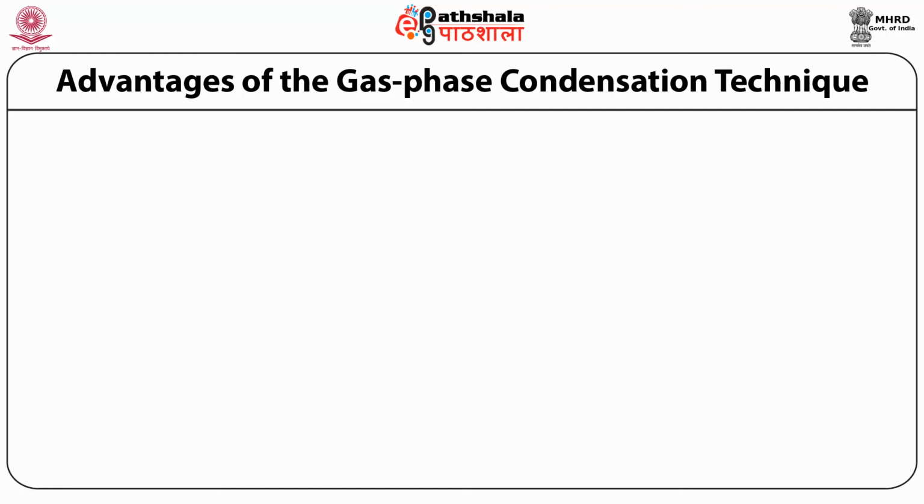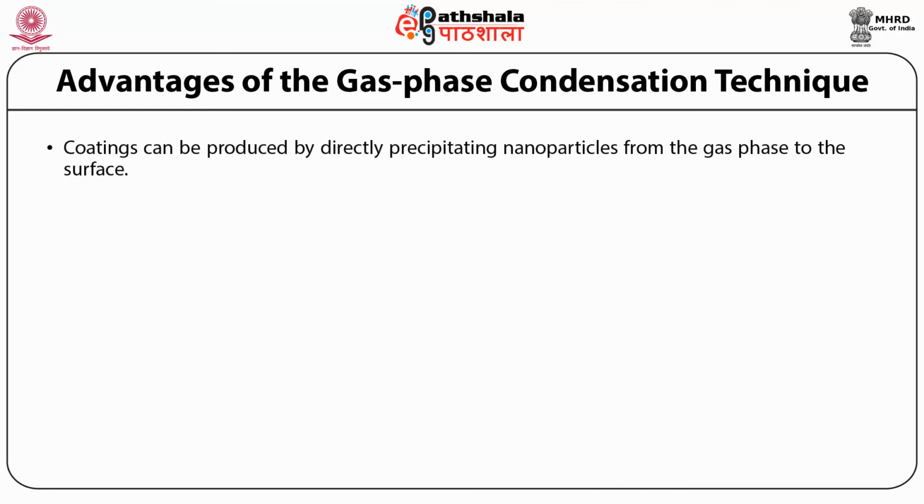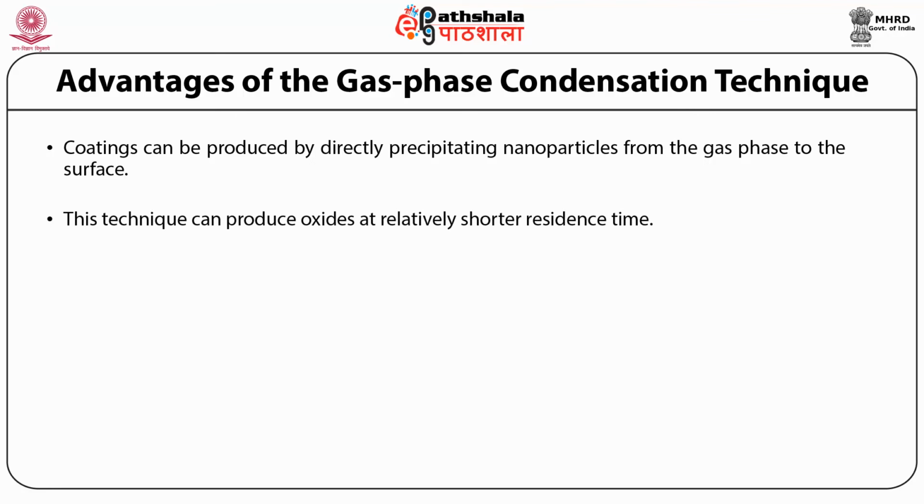The various advantages of the gas-phase condensation technique are: firstly, coatings can be produced by directly precipitating nanoparticles from the gas phase to the surface. Secondly, this technique can produce oxides at relatively shorter residence time.